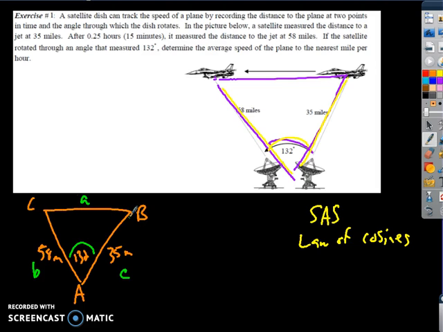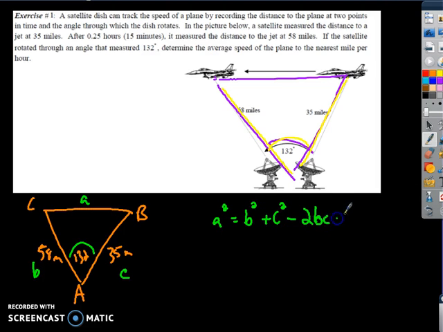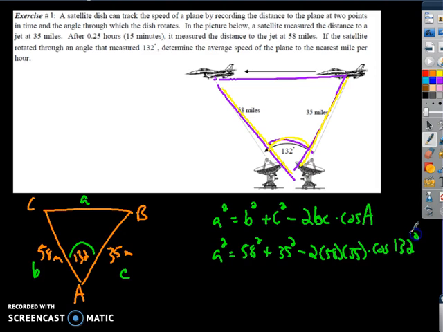So the formula says this. a squared equals b squared plus c squared, subtract 2bc times the cosine of capital A. And I want to find lowercase a, so that's the unknown part. b is 58. c is 35. 2 times 58 times 35 times the cosine of the angle A, which is 132 degrees.